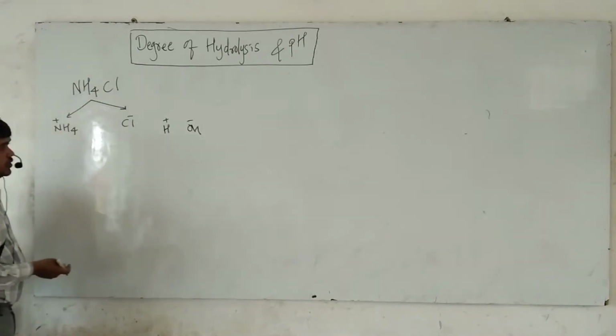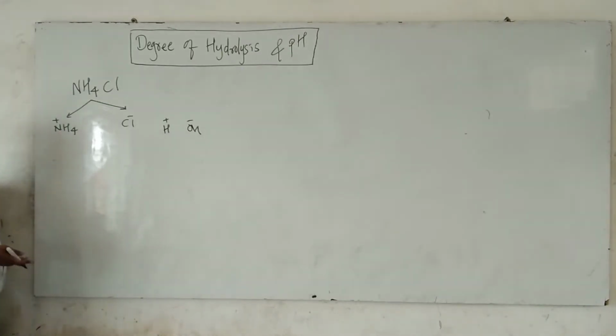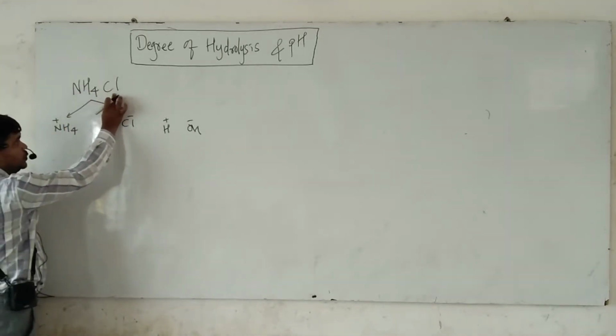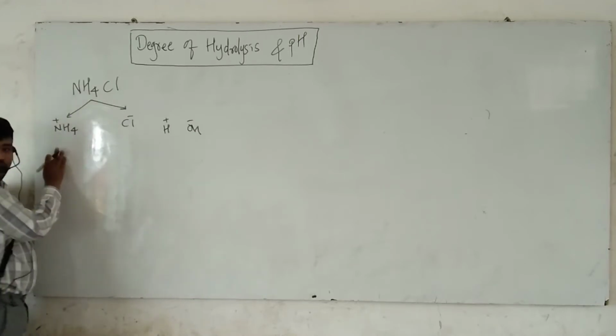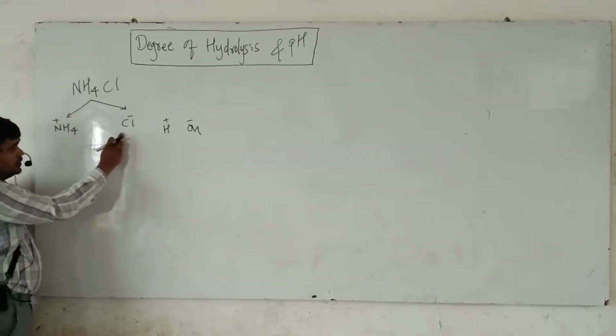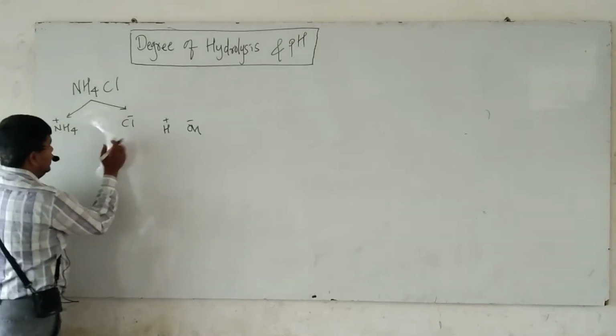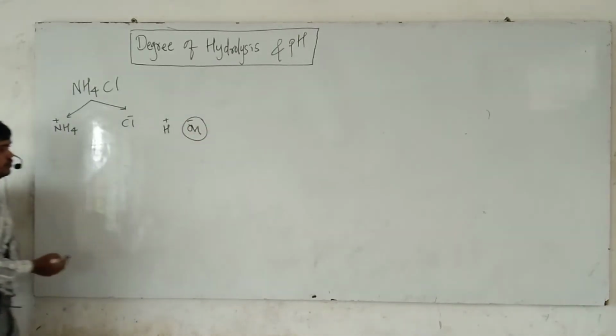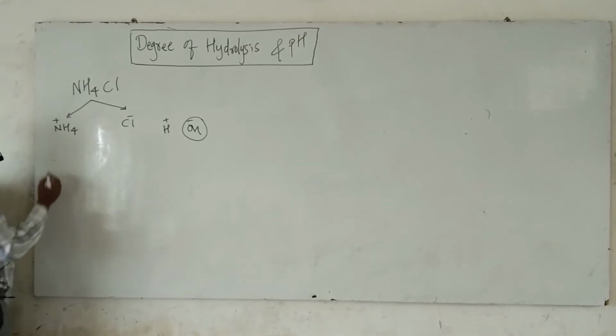In the previous session we have discussed how to find out which ion will be hydrolyzed. Again I will tell you, NH4Cl is the salt, which will dissociate to give NH4 plus and Cl minus. Now, the positive ion will combine with the negative ion. So what will it give?